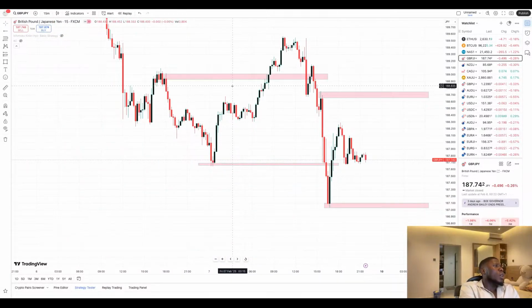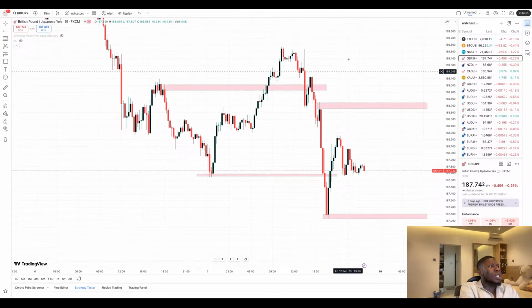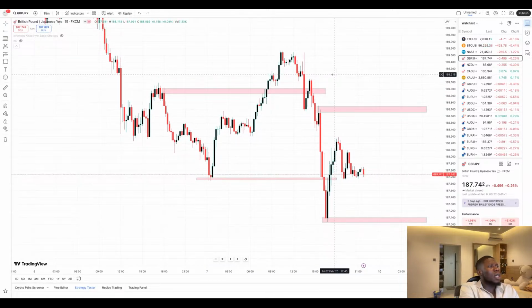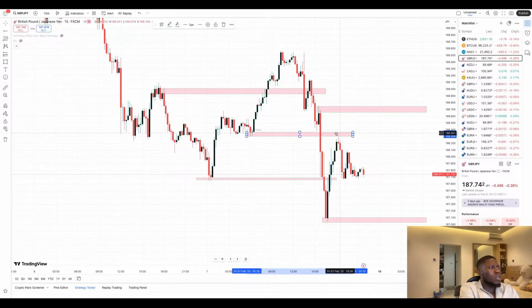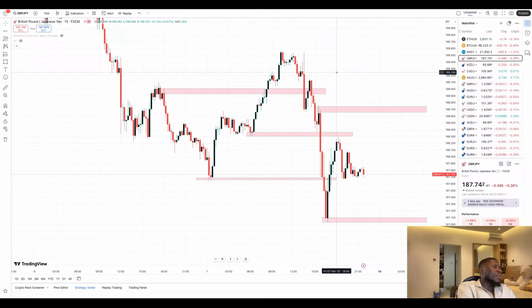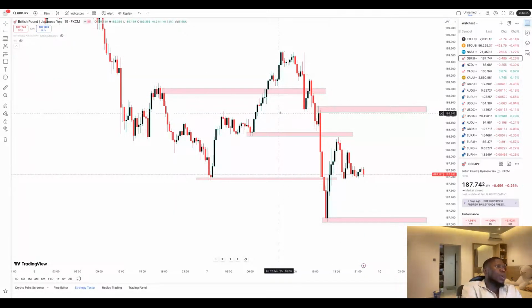So I want you to pay attention to the areas that are actually important. I have a good one, not so good, just a little in this zone. I need you to pay attention to these areas that I marked out. Look at this zone, look at this zone, and look at this zone.